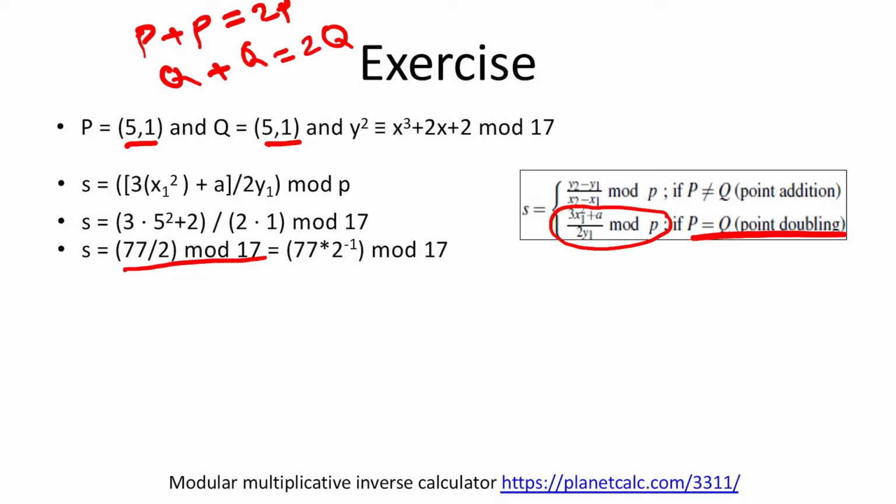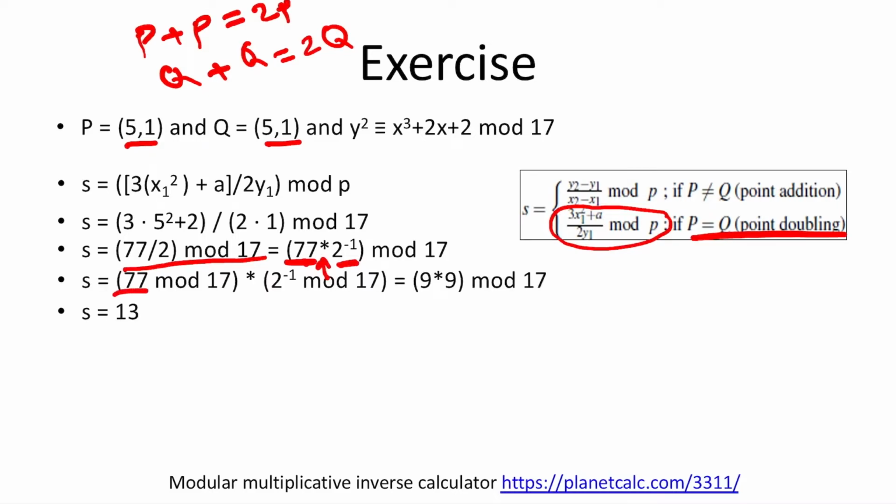So what we'll do instead is write 77 by 2 as 77 into 2 raised to power minus 1, right? 1 by 2 can also be written as 2 raised to power minus 1. Further, I can perform this computation as 77 mod 17 into 2 raised to power minus 1 mod 17. 77 mod 17 is pretty simple. That will give us 9.